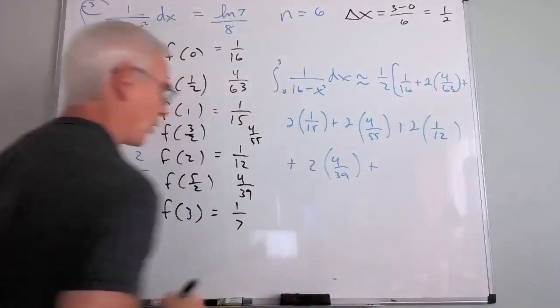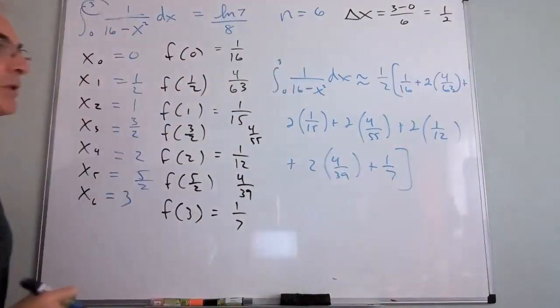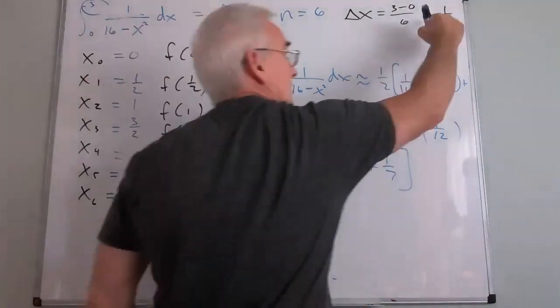And then finally 1 times that number. And the whole thing is being multiplied by delta x.